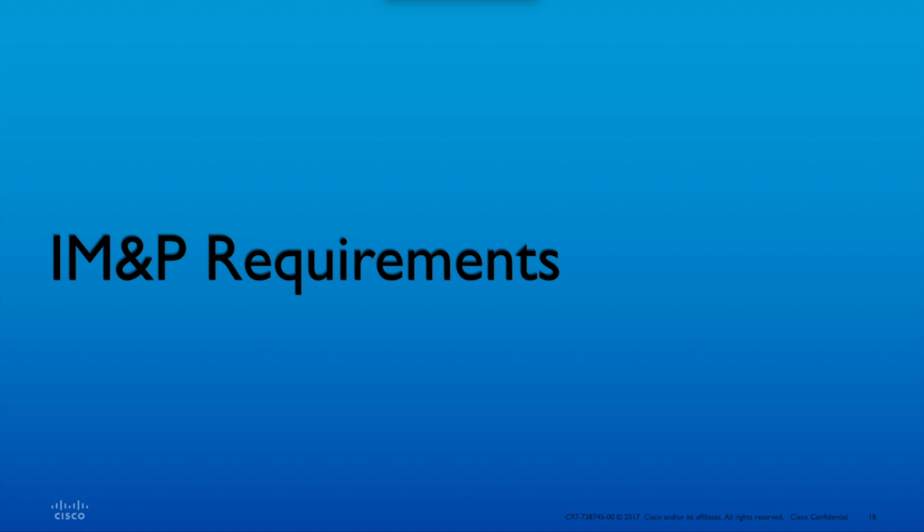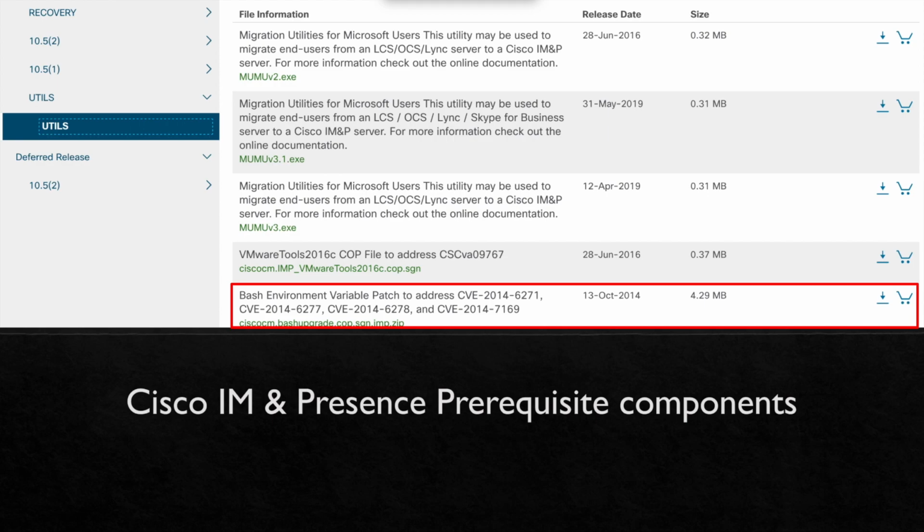Not a lot of IM and presence requirements, but there are a few. If you have multiple IM and presence servers within a cluster, you must have the inter-cluster sync agent working across all nodes within the cluster.